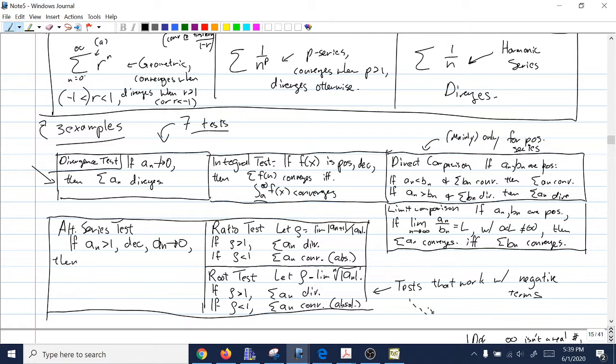If you get smaller, you're allowed to get bigger once in a while and still get closer and closer to 0. Then the sum of an converges. The sum of negative 1 to the n an converges. But we don't know if it converges absolutely or not.